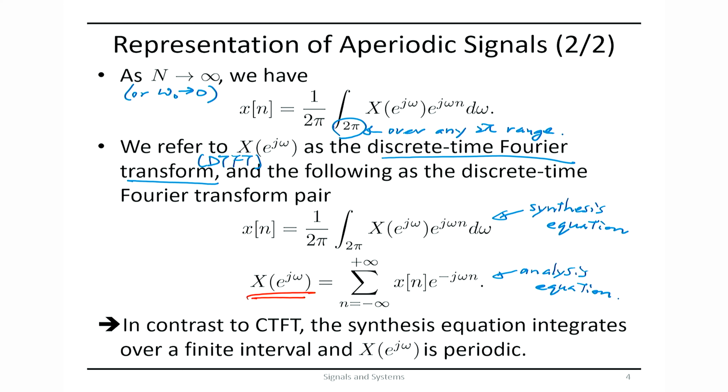Whereas in the continuous time case, for the continuous time Fourier transform, we use the notation X of j omega. So whenever you see this, you know immediately we're referring to the continuous time case. And if you see this, you know we're referring to the discrete time case.